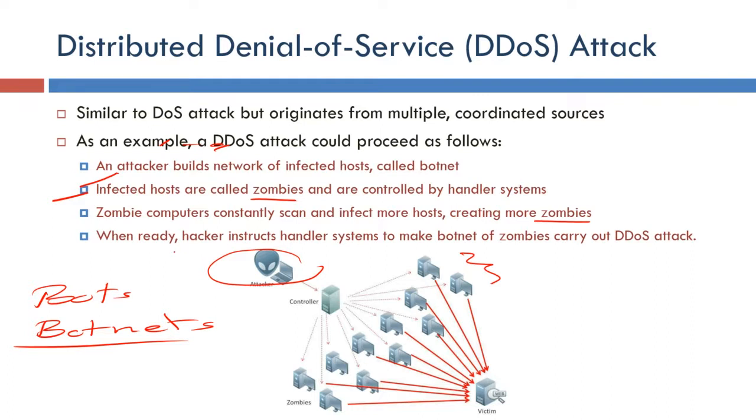Extremely dangerous, extremely difficult to defend against. Whenever you hear about a denial of service attack, it's very likely to be a distributed one, because a denial of service attack from a single host, for example, is easy to defend against. Here, it's not.